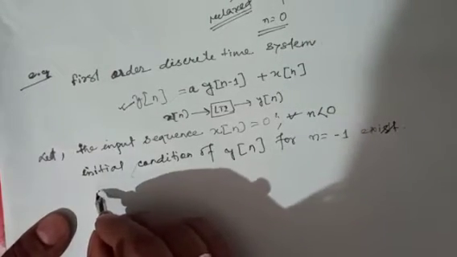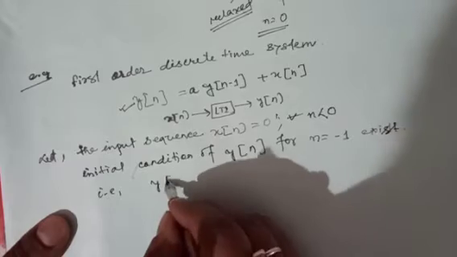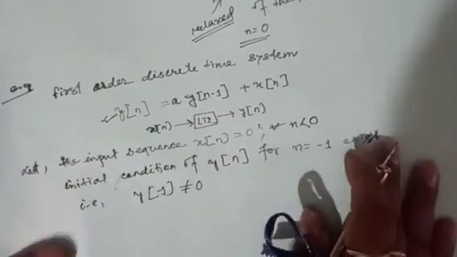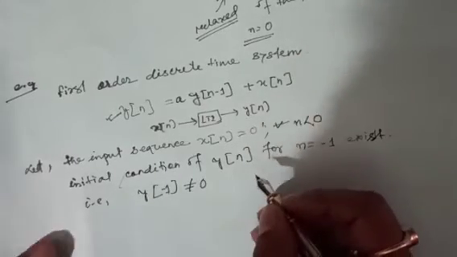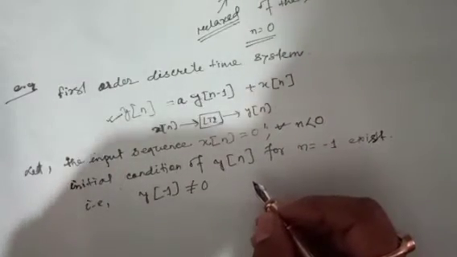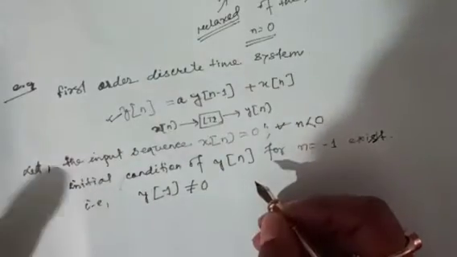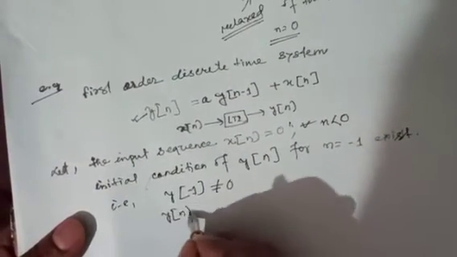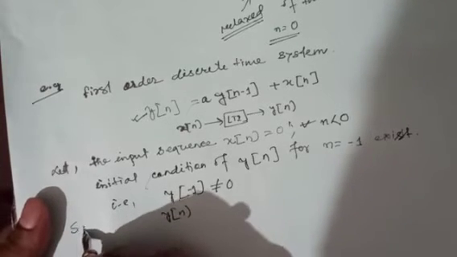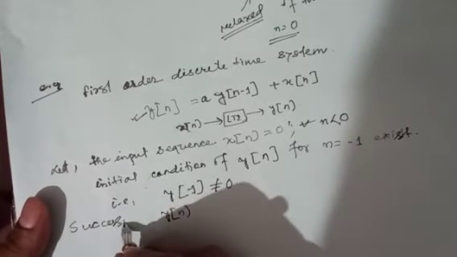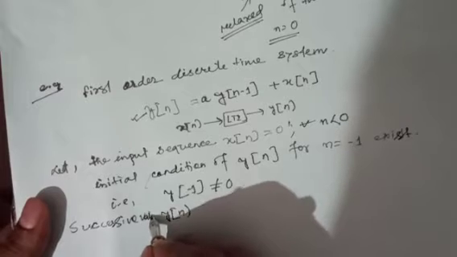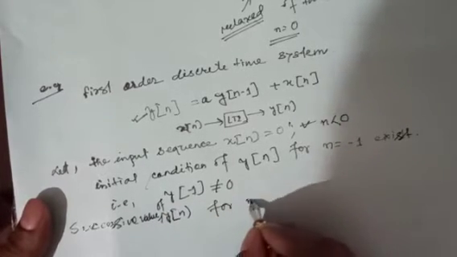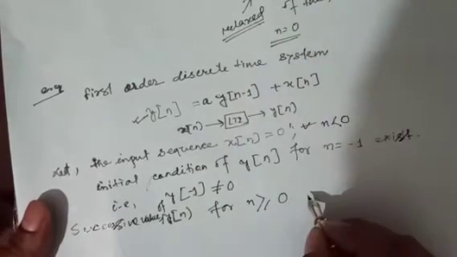That means your y of minus 1 is not equal to 0. There are some values. Okay, and the successive values of y of n for n greater than or equal to 0 are as follows.